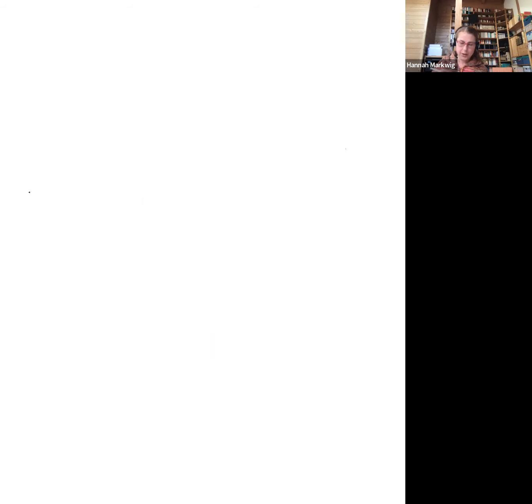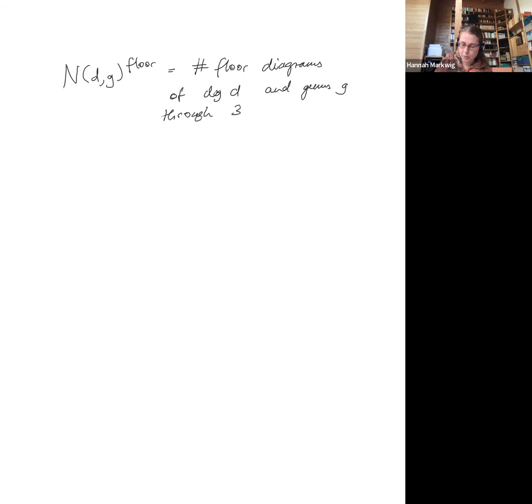And we can continue and define a number which is the number N_{d,g}^floor. And that's the number of floor diagrams of degree d and genus g, meaning through 3d + g - 1 points, right?